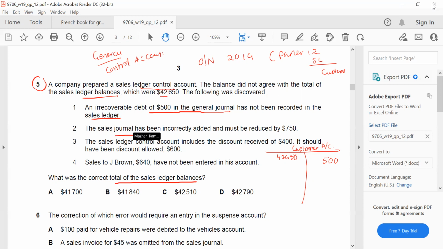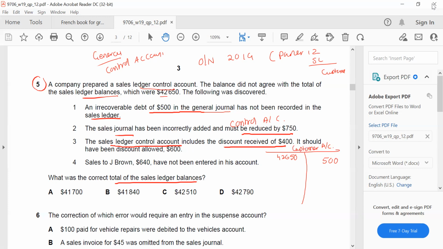The sales journal has been incorrectly added and must be reduced by 715. Now the sales journal will go in control accounts. Yes? Okay. The SLCA, control accounts, includes discount received of 400.